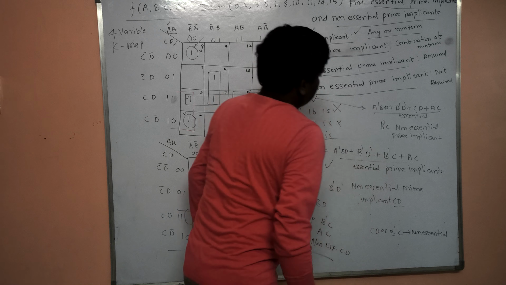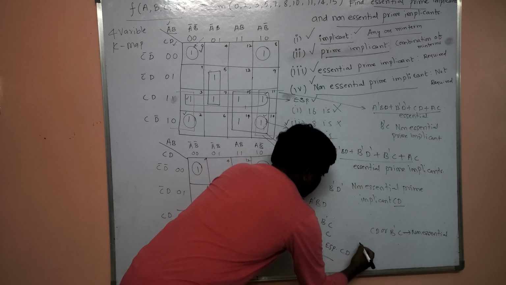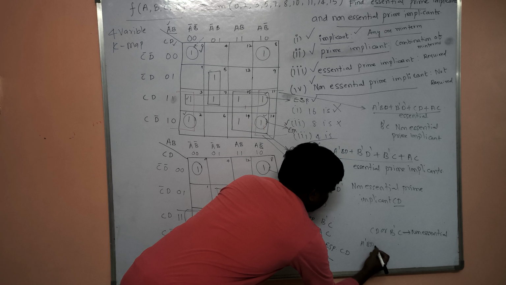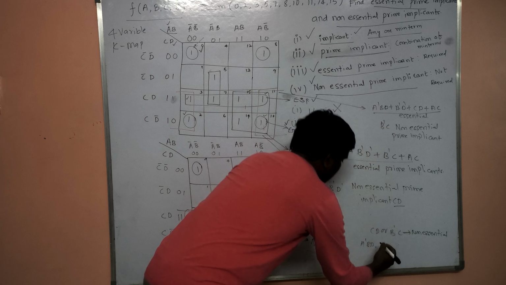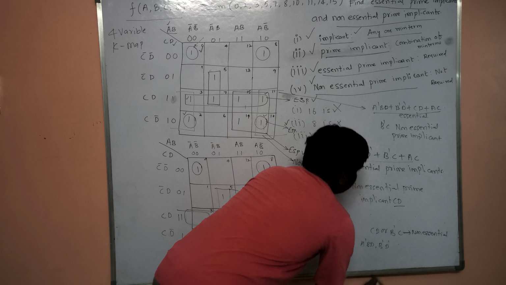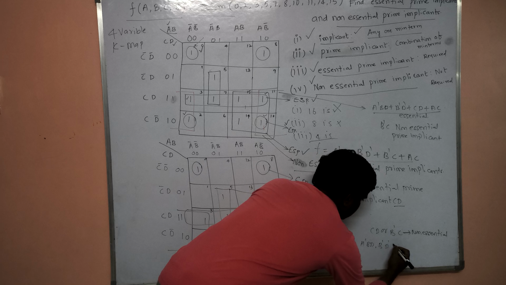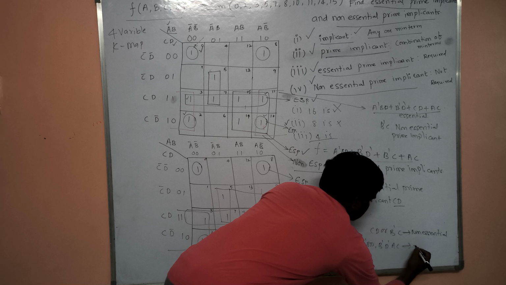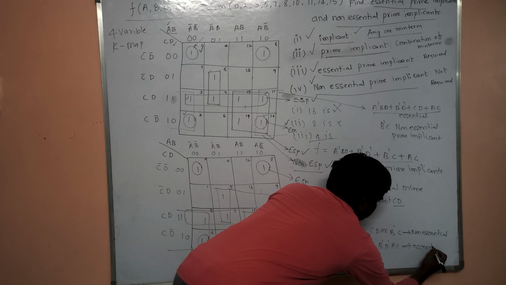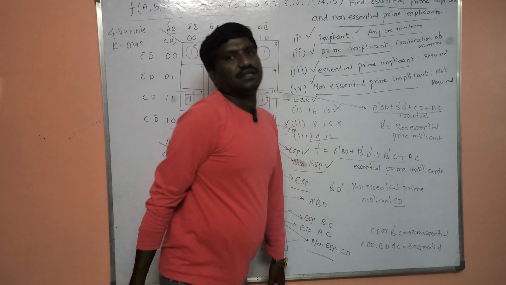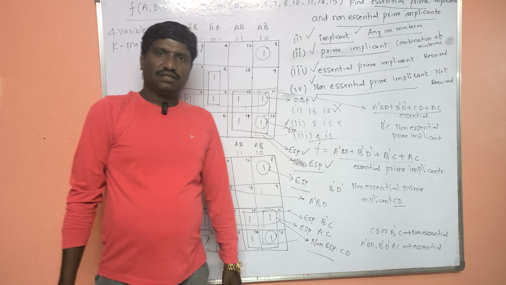What are essential? Essentials are A bar B D, B bar D bar, then AC. These are essential prime implicants. Okay, with this we stop.